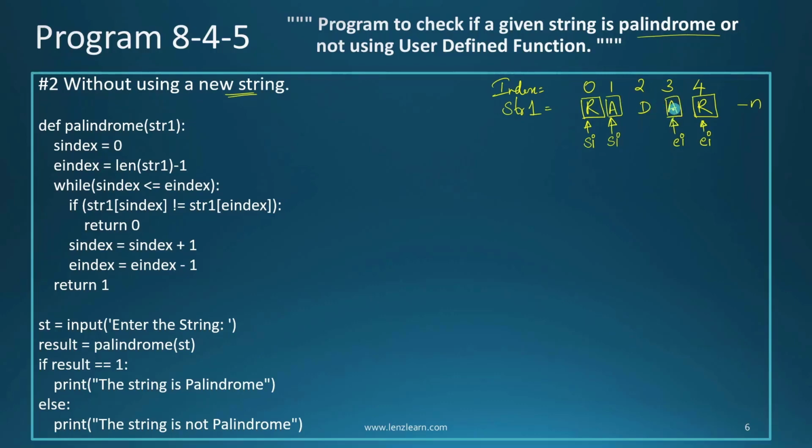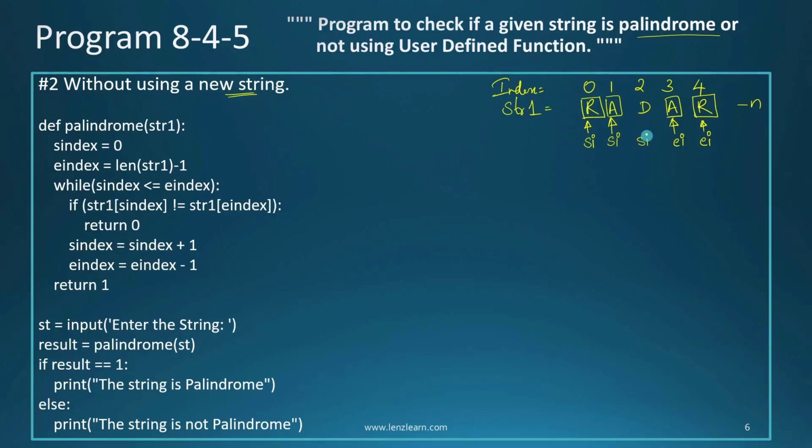If they are same, it can still be a palindrome. If they are different, then I can stop the verification, right? Because if at these 2 positions they have different characters, then it will not be a palindrome. You can just try any string, write it in reverse order, and then you check it, it will not be a palindrome. So here also you can see the condition check evaluates to true.